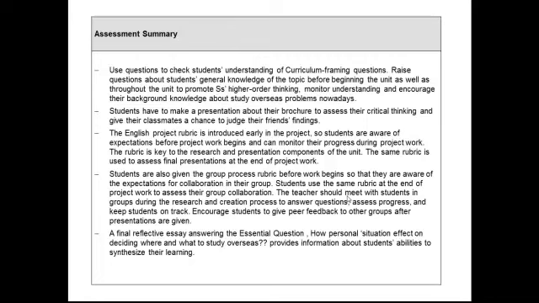Students are also given the group process rubric before work begins so that they are aware of the expectations for collaboration in their group. A final reflective essay answers the essential question, how personal situation affects deciding where and what to study overseas, and provides information about students' abilities to synthesize their learning. This is the whole summary assessment that students have to know.